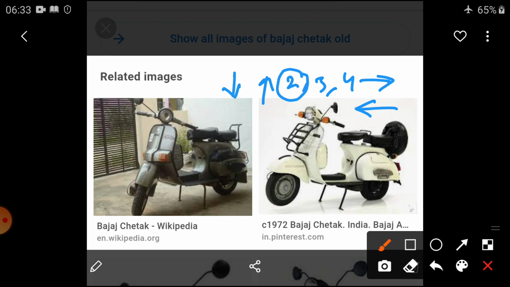Automatically this scooter will not start, it will give a jerk and stop. Never start in second or third gear on this Chetak vehicle. It is capable of dragging 3-4 people easily, but initially you have to use the first gear only.